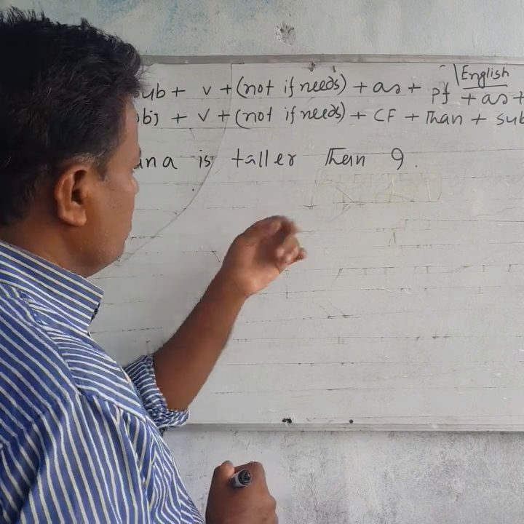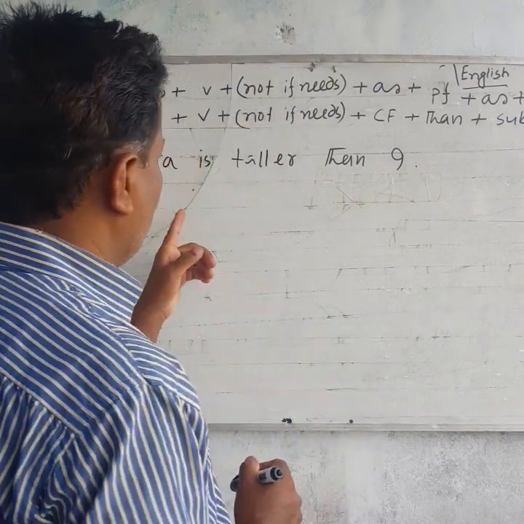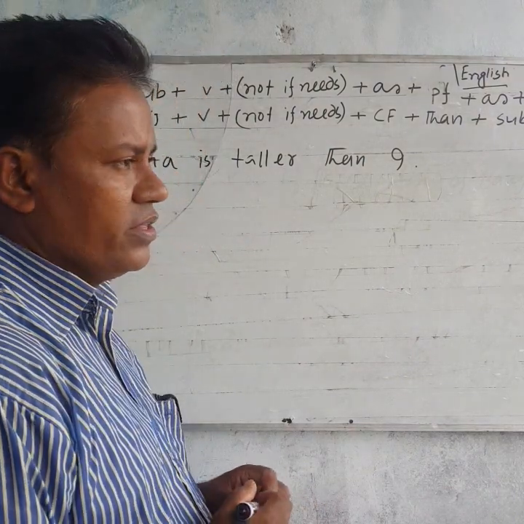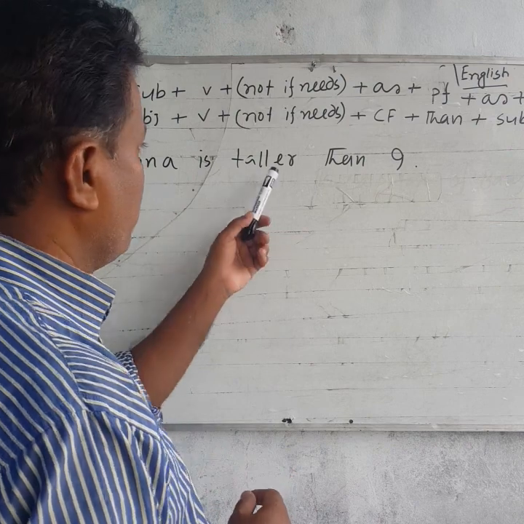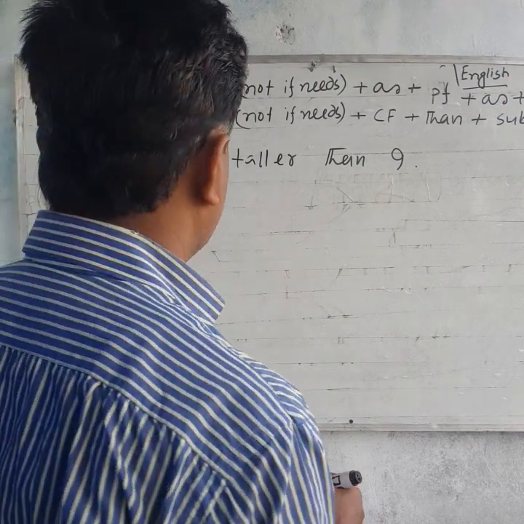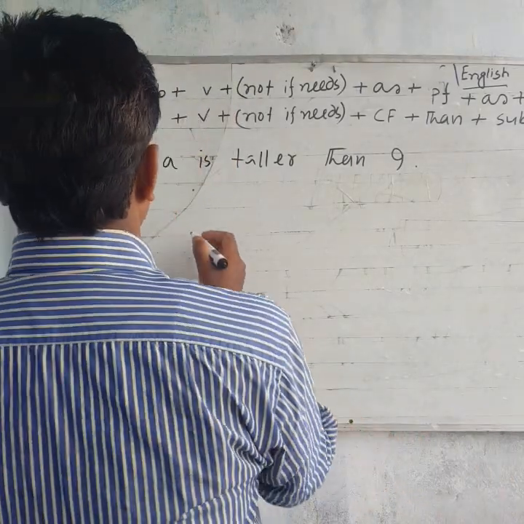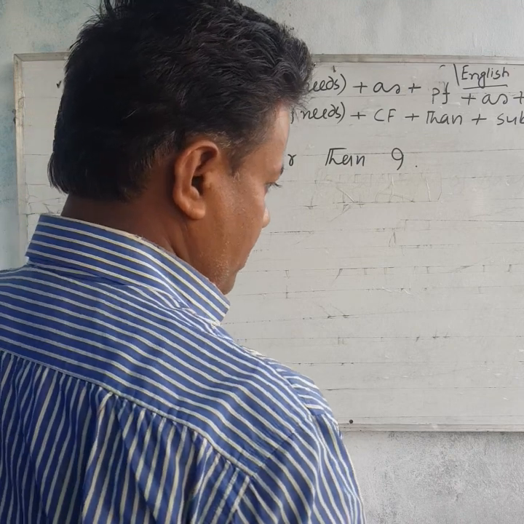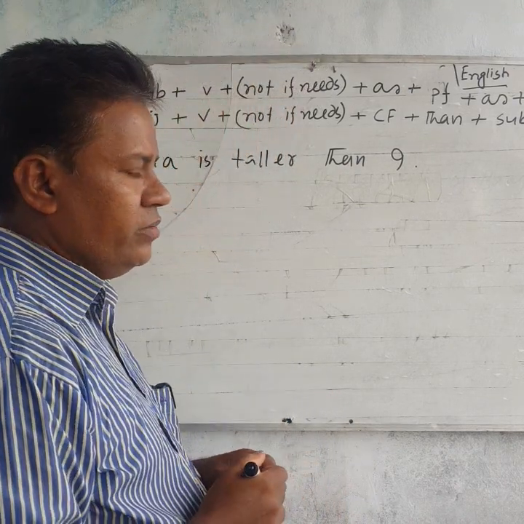Learners, you are watching. What kind of sentence is this? I think all of you will say this is comparative, because the comparative sign is here. So now I have to turn it into positive. Now I start with me.